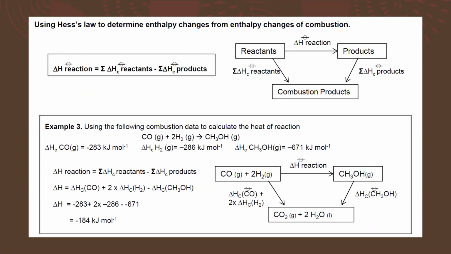Combustion means burning. So if combustion is given, what you should do is add a combustion product, a burning product, for the reactant, and a burning product, a combustion product, for the product.